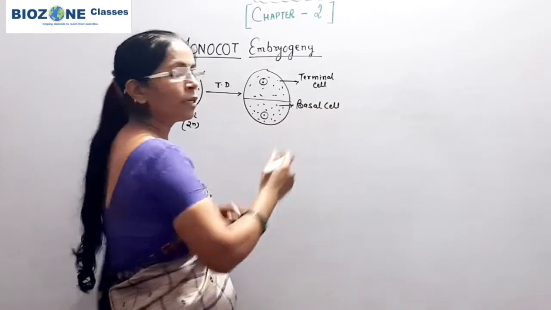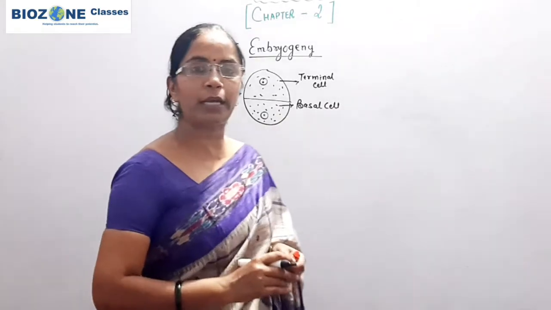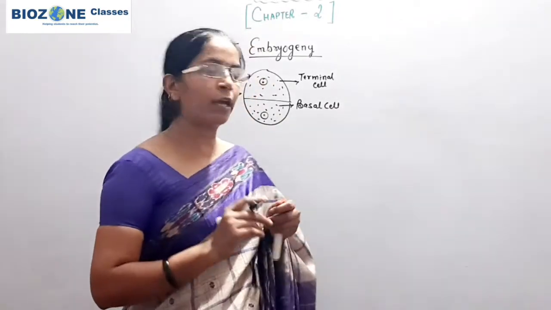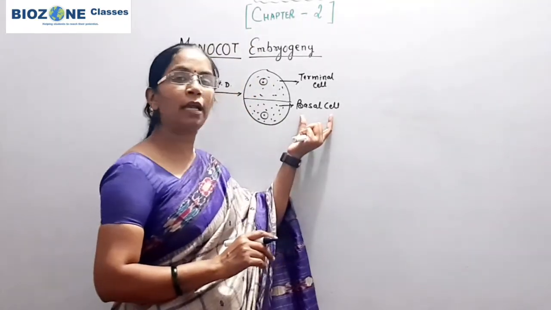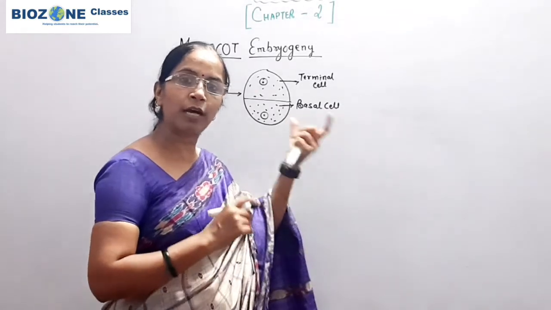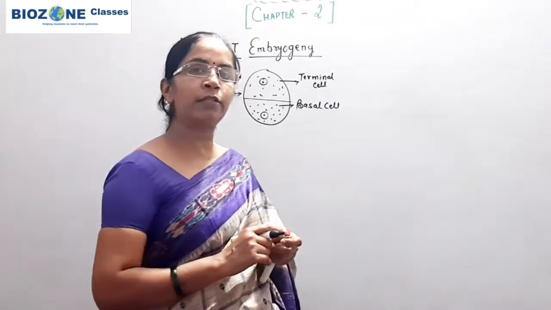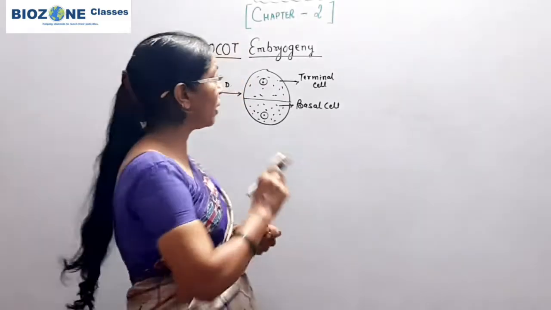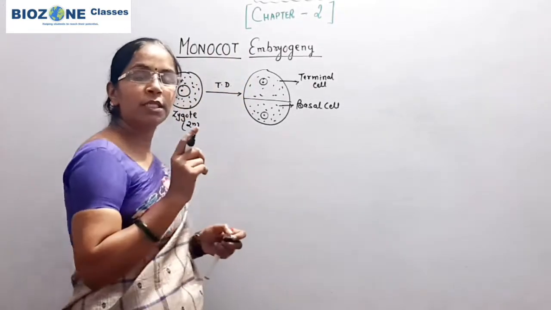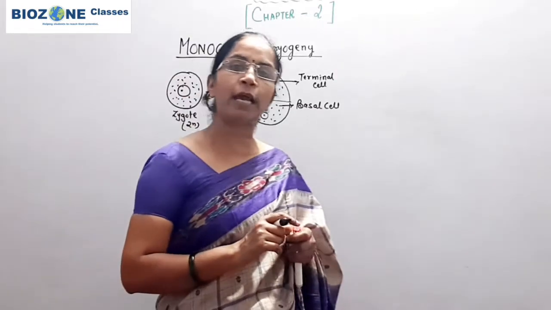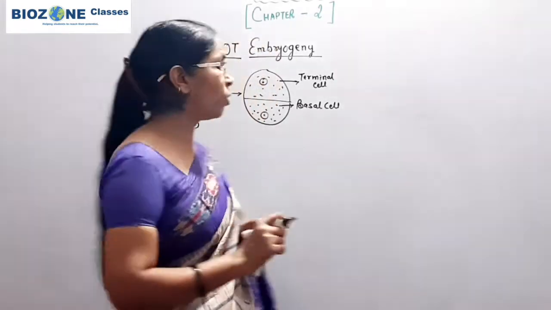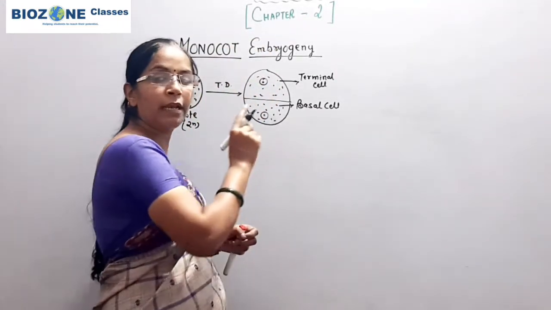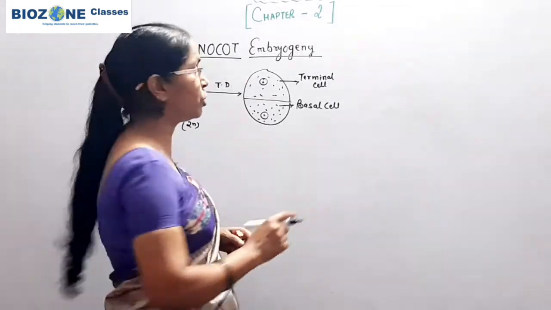Now the basic difference between monocot and dicot embryogeny. In dicot, the basal cell regularly undergoes transverse division and is responsible for the formation of the suspensor. But in case of monocot, the suspensor is completely absent in the embryo, and this basal cell never undergoes any division.